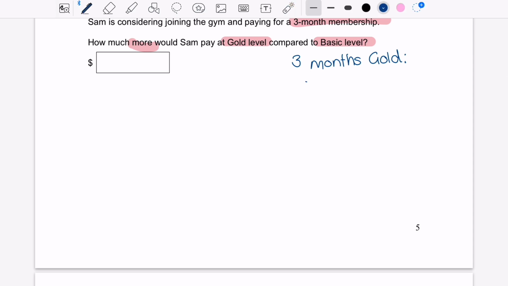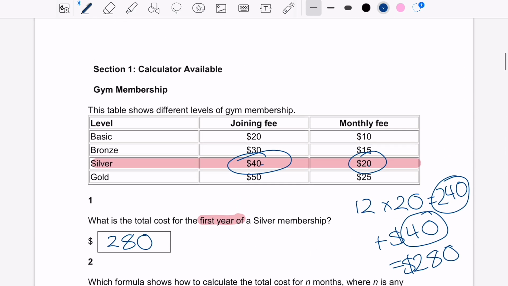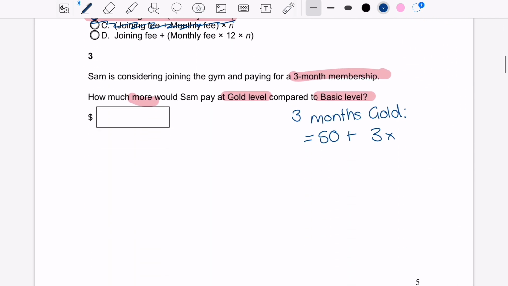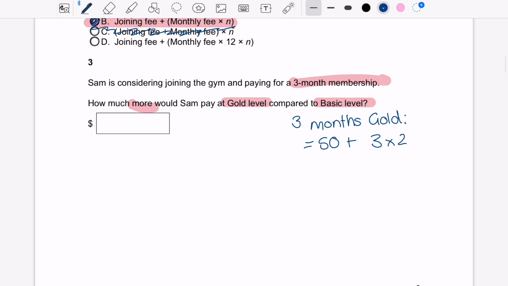So that's going to equal 50 plus 3 lots of the monthly fee, which I've forgotten, so I'm going to check. It was 25. Okay, don't forget your order of operations. You always need to do multiplication first.